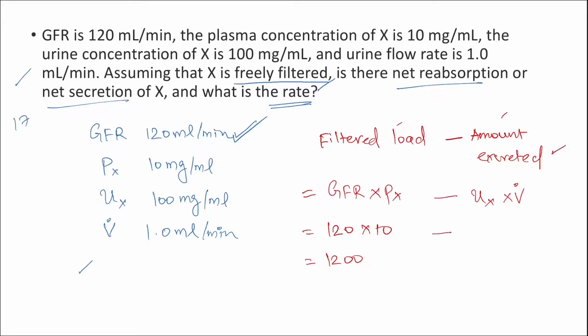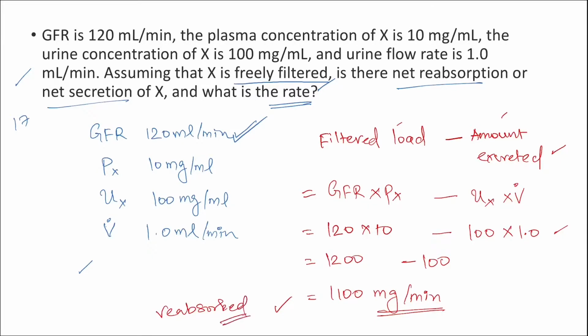So that would be equal to 100 multiplied by 1. So this is 1200 minus 100, and the answer comes as 1100 milligram per minute. If we solve all the units, we will get milligrams per minute. So this is the rate at which the substance is reabsorbed.